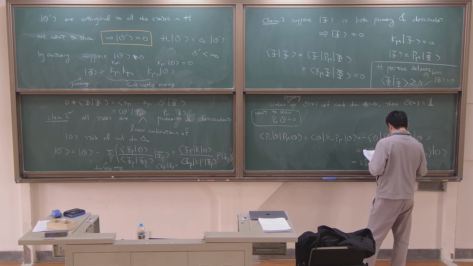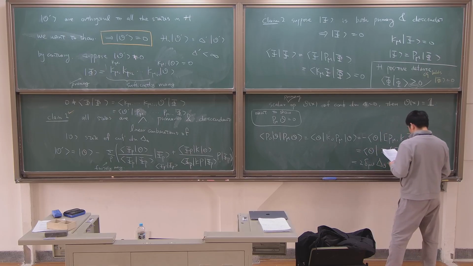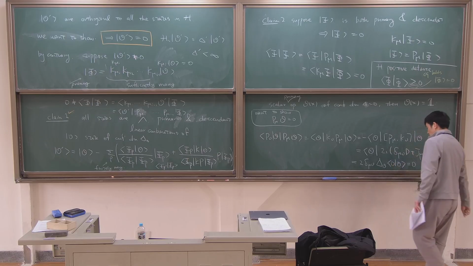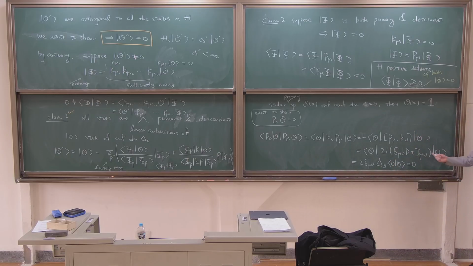This J mu is the rotation, and rotation does not change the inner product of O and O. The inner product of the Hilbert space is invariant under J. So therefore, this acts trivially.